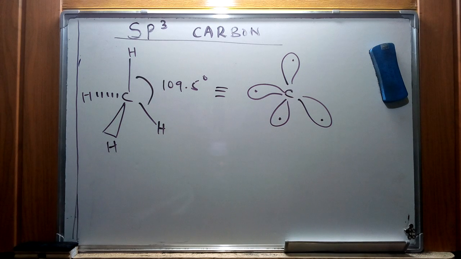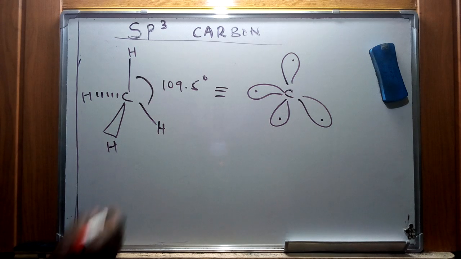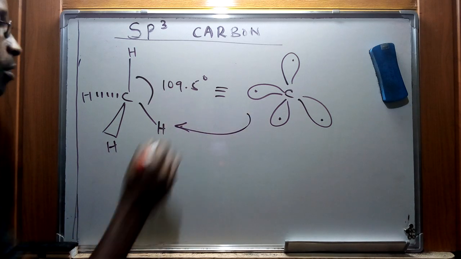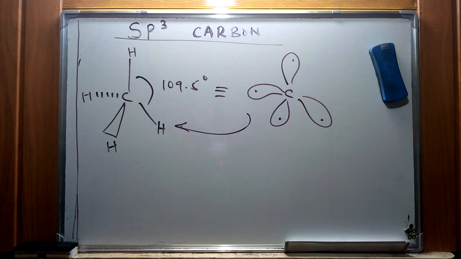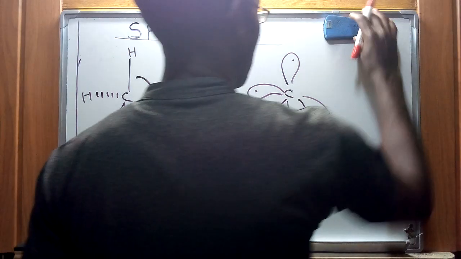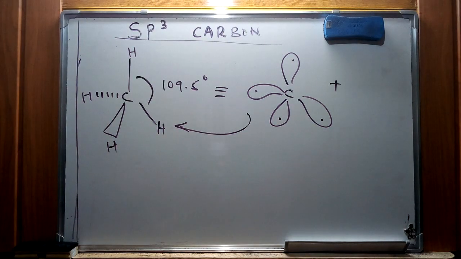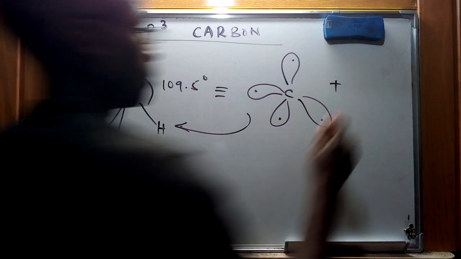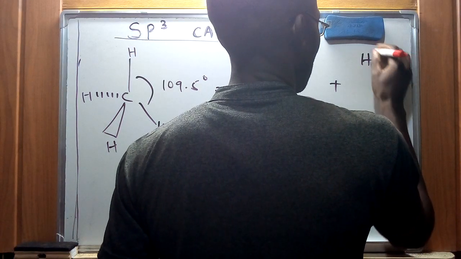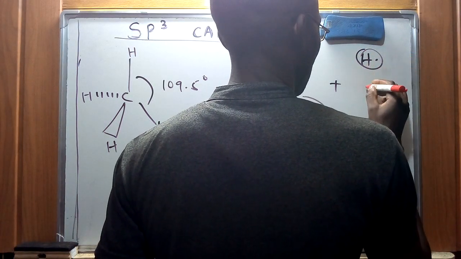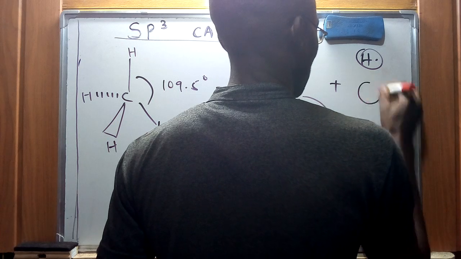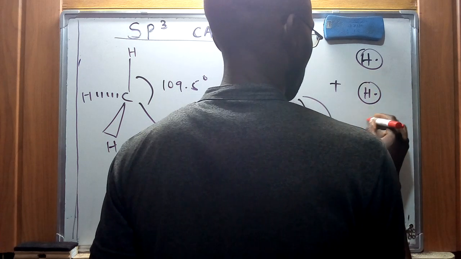Now, in trying to display how this compound is going to react, for instance in the formation of methane, this is going to have 4 electrons interacting with the 4 electrons to form covalent bonds. So this is 1 electron, this is one hydrogen and another hydrogen.